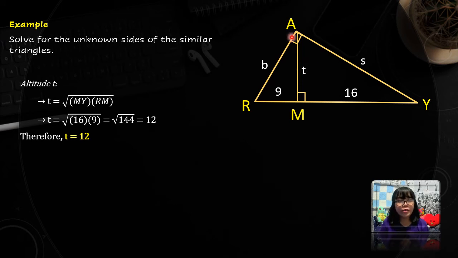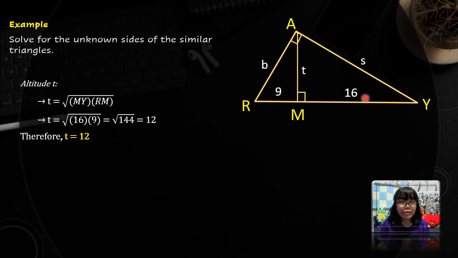Again, based on the special properties of our right triangle, it was stated there that our altitude is the geometric mean between the segments formed on the hypotenuse. And these two segments will be your RM and then your MY. So T is the geometric mean between RM and MY.